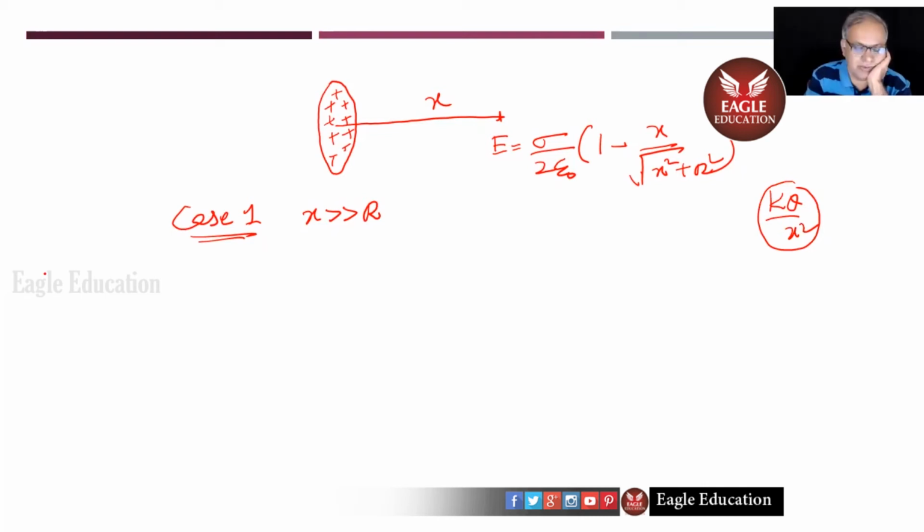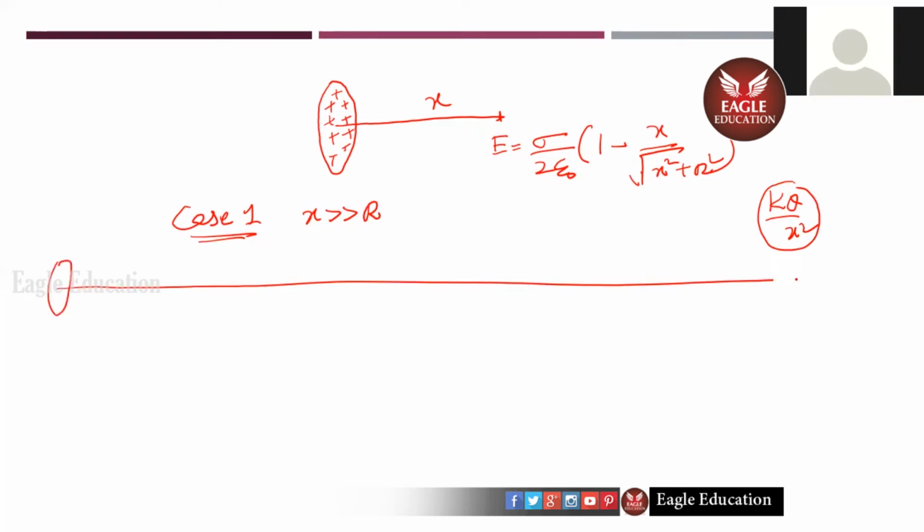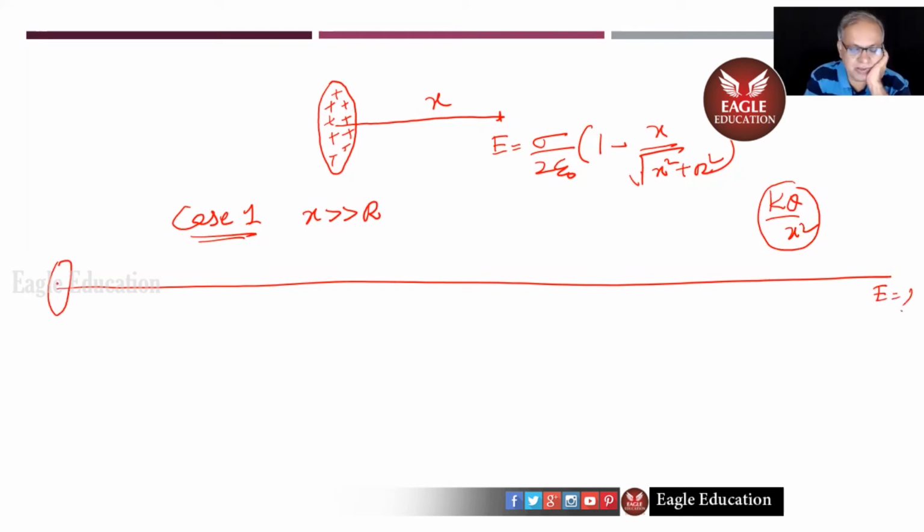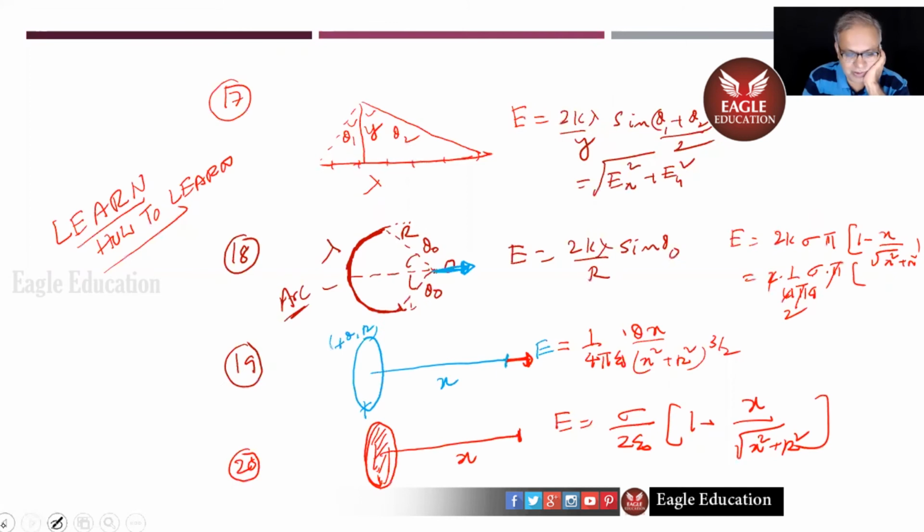For a disk, which is going to be here, for example, I'm asking to calculate E here. So this is almost like a point charge for large distance. This r is too small compared to this x. So it becomes like a lump of charge Q here, and kQ by r square.